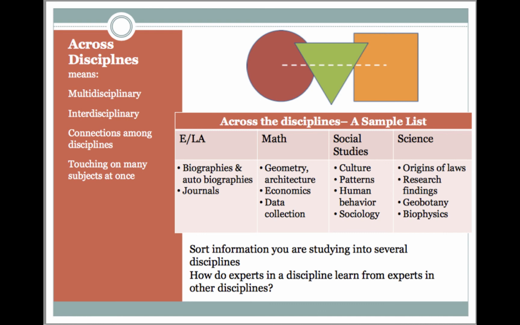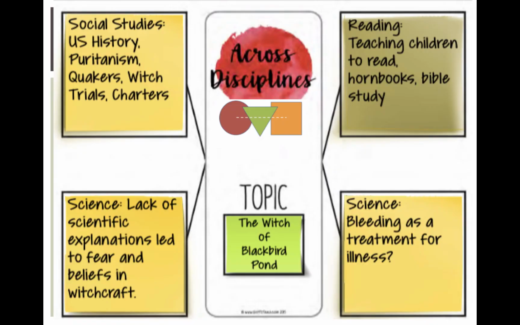One way to address this within the curriculum, the topic here being The Witch of Blackbird Pond, is that the teacher would like the students to view social studies. What would they focus on as it pertains to this book, and reading and science? So again, it's a really nice way to help students take this big idea and really departmentalize it.